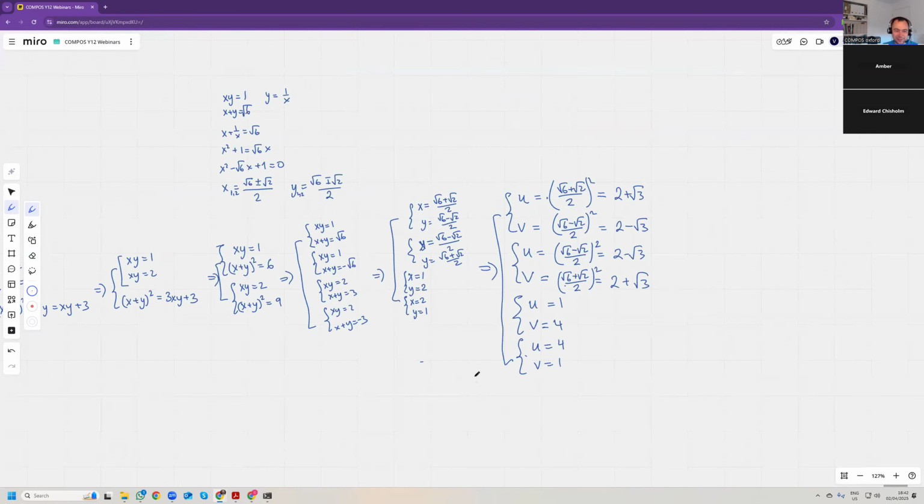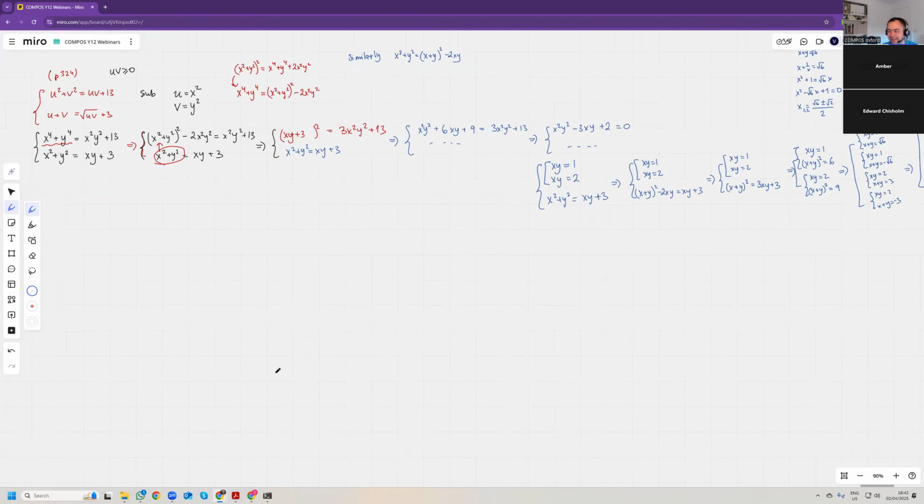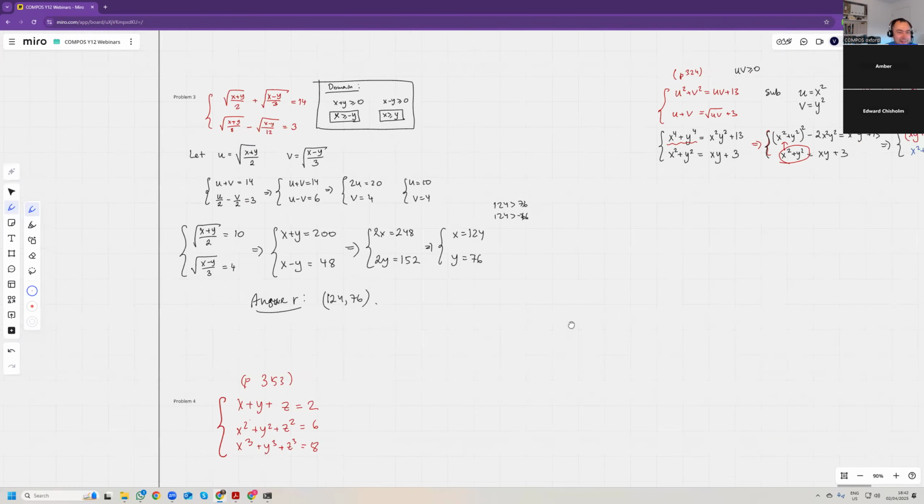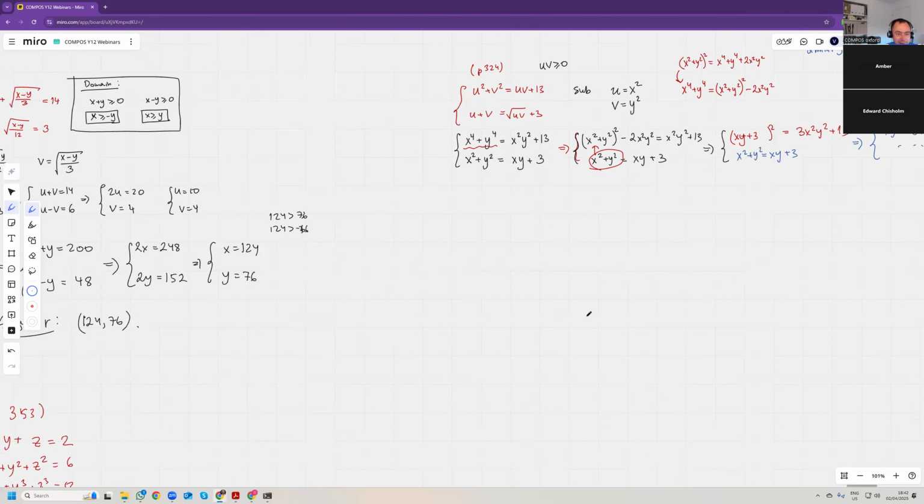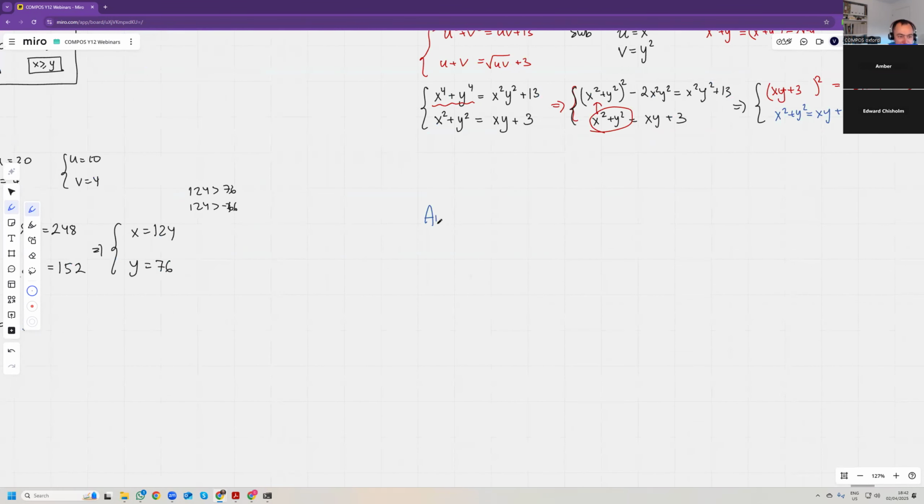These are the solutions. So the answer for this question is 1, 4, 4, 1, 2 minus root 3 and 2 plus root 3, and 2 plus root 3 and 2 minus root 3.